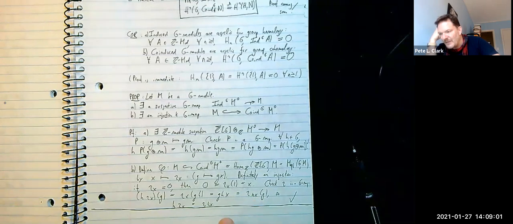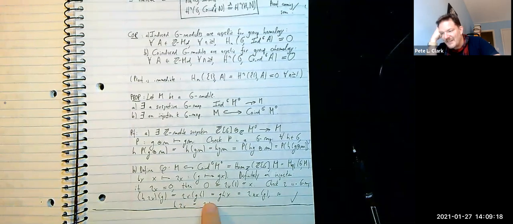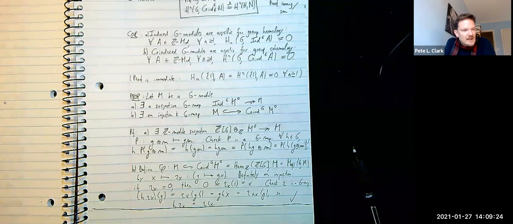So that's the check that H applied to iota of X was iota of HX, and that's the G homomorphism condition that we want. Okay, so no big deal. But this is a very useful result.